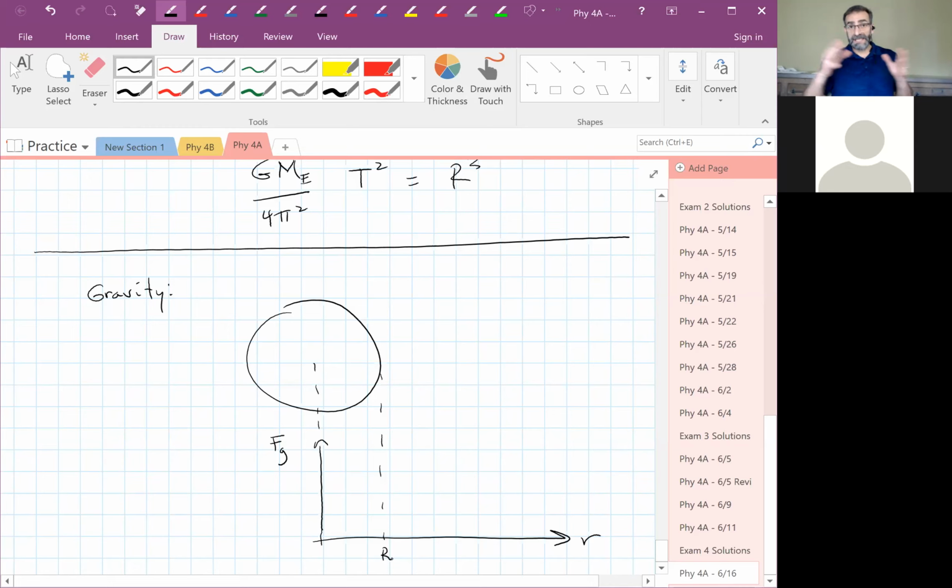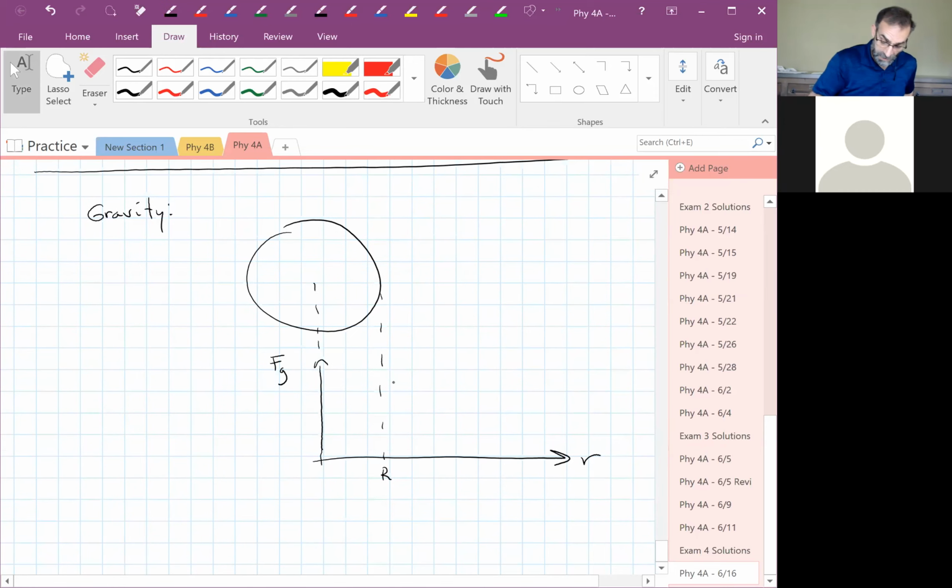We know what happens as you go away from the planet, right? If you're starting out with some gravitational force on the surface of the planet, as you move away, it drops off as 1 over r squared.